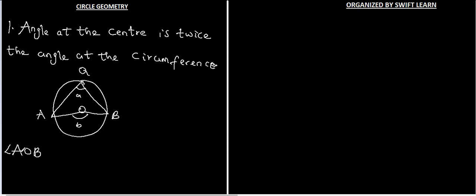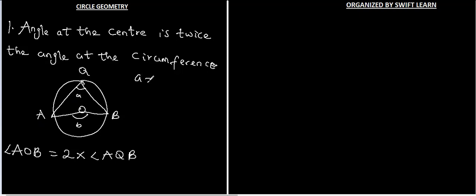When you have something like this, it means the angle is at this O. You get at this part, the middle part, is equal to 2 times angle AQB. Do you get now? So the angle at the center is twice the angle at the circumference.